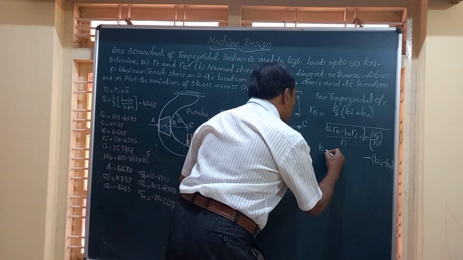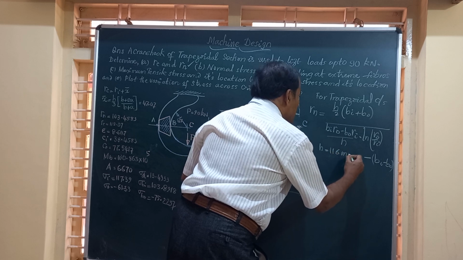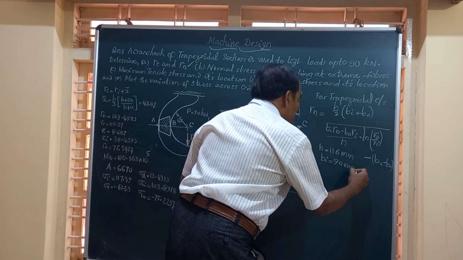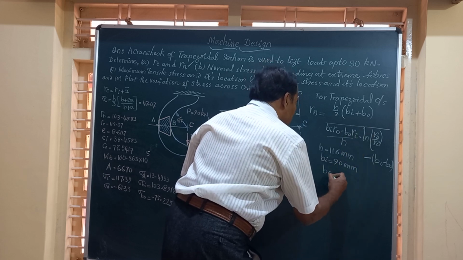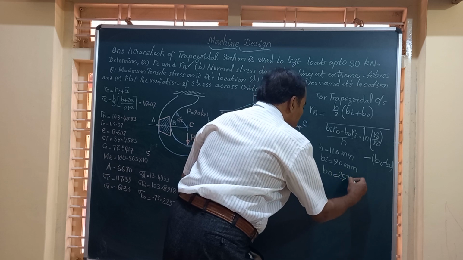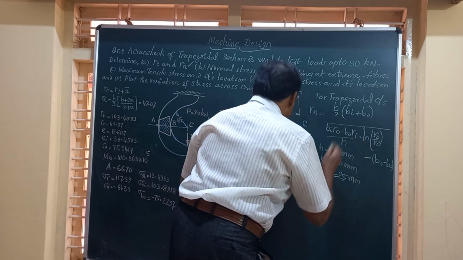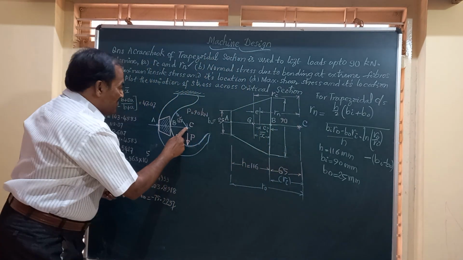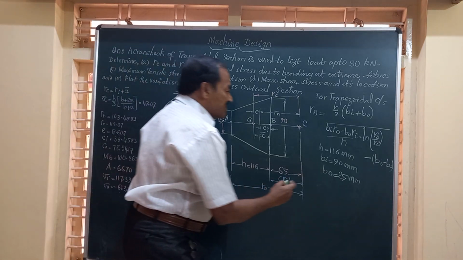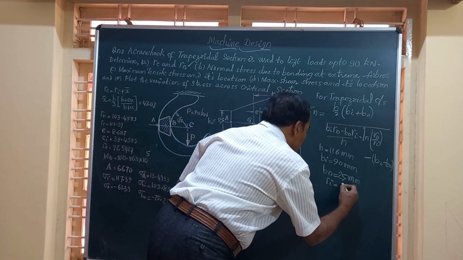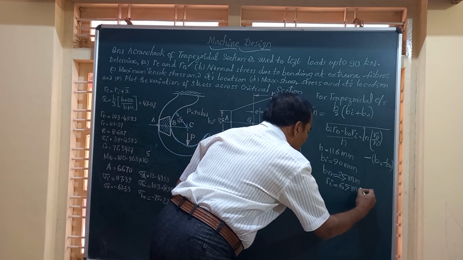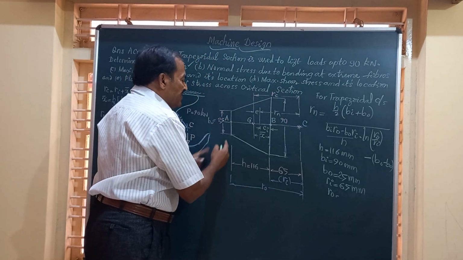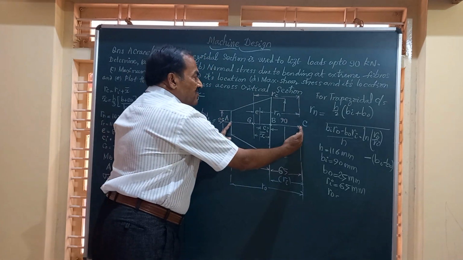H is equal to 116 mm given, bi is equal to 90 mm, the maximum dimension of the trapezoidal section, b naught is 25 mm, and this Ri is 65 mm from the center of curvature to the inner fiber.